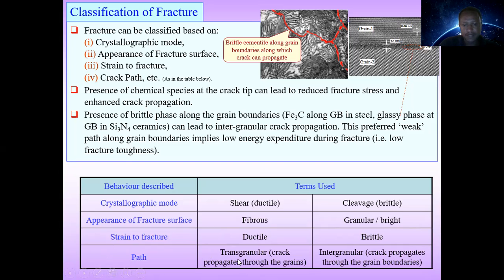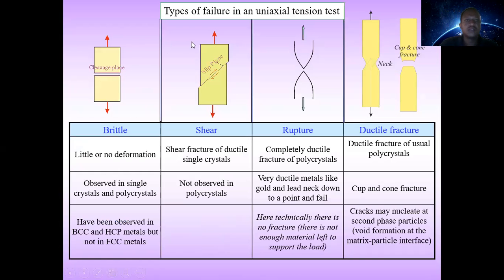Crack path: transgranular, where the crack propagates through the grains, and intergranular, where the crack propagates along the grain boundaries. These are types of failure in uniaxial tension tests.